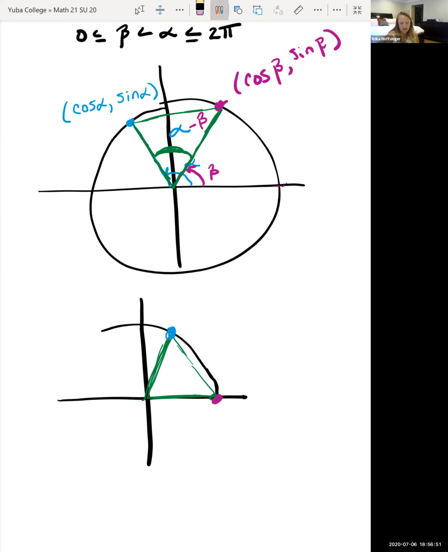So this angle, when we rotated it, didn't change. So this angle right in here, we could still say is alpha minus beta.